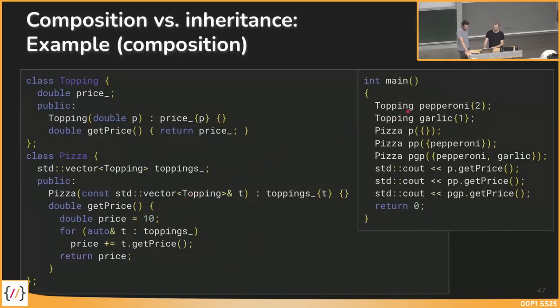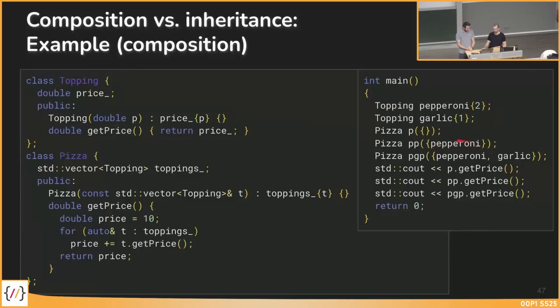And we again first create our pepperoni topping with a price, a garlic topping with a price. We create just a pizza element, yeah, and then, in this case, with no topping. Not Margarita? No, Margarita has still something on it. This is maybe just the pizza bread, yeah. Okay.